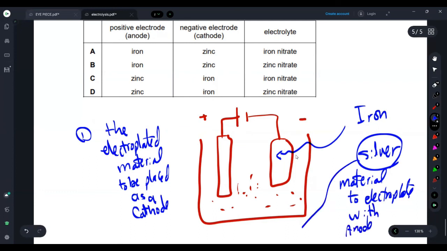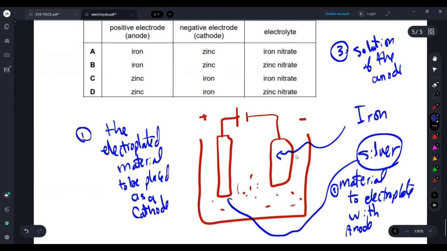So in this case, silver is the anode. This is condition number 2. And condition number 3, the electrolyte, or solution, is a solution of the anode material. So three conditions for electroplating. Anode is the material to plate with. Cathode is the material to be plated. And the electrolyte is a solution of the anode.